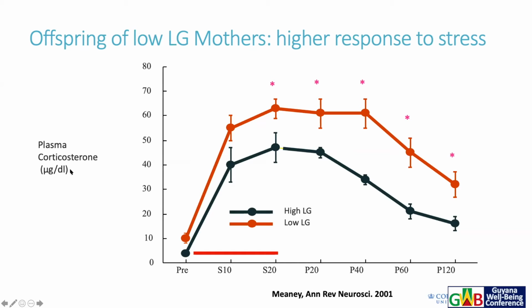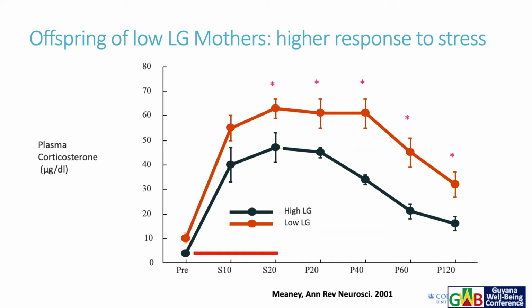Corticosterone is the rat equivalent of cortisol. Rats don't have cortisol. Humans do have cortisol. So you see here that corticosterone was much higher after a stressor was administered in the rats with low licking and grooming. And what is really important is that this continues to happen as the pups become adults.